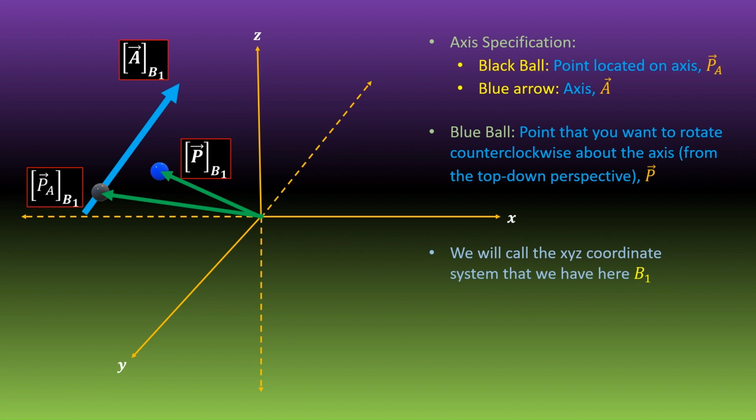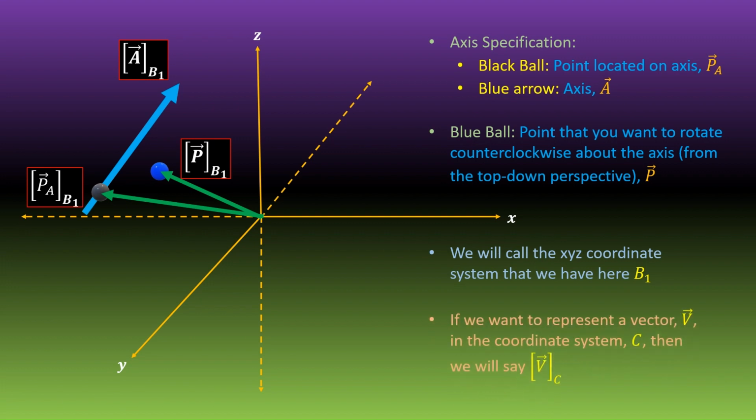So our XYZ coordinate system is something that we will call B1. It's our B1 basis. And a basis is just something that you need to describe every single point in space. So it's a pretty simple concept. It's just a fancy word for that concept.